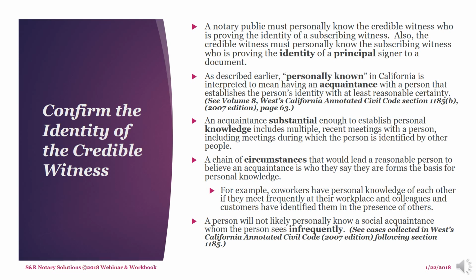For example, co-workers have personal knowledge of each other if they meet frequently at the workplace, and colleagues and customers have identified them in the presence of others. A person will not likely personally know a social acquaintance whom the person sees infrequently.